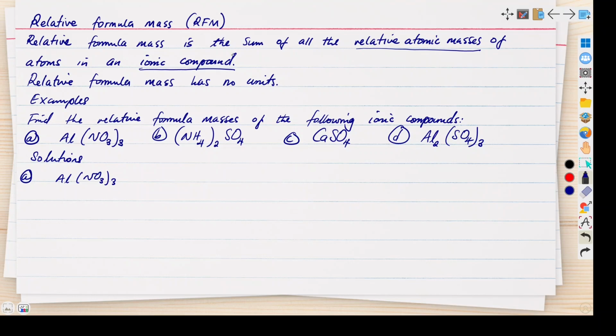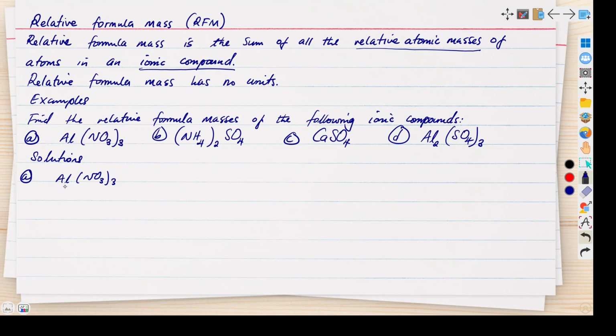Relative formula mass is the sum of the relative atomic masses of atoms in an ionic compound. So you need to identify the atoms in this compound. In aluminium nitrate, there's aluminium atom, nitrogen atom, oxygen atom. Then you need to sum up the relative atomic masses of each of these.